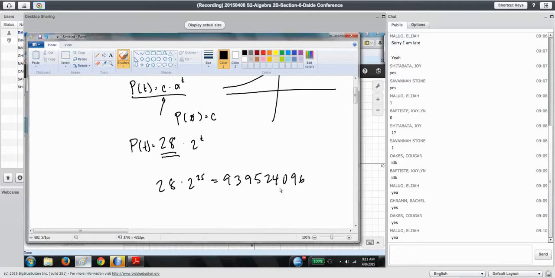So it is 939,524,096 square feet. Don't let that plant go on for 25 years. It's going to be huge. We cool with that? I mean, that really was just calculator work. You just plug that into your calculator.